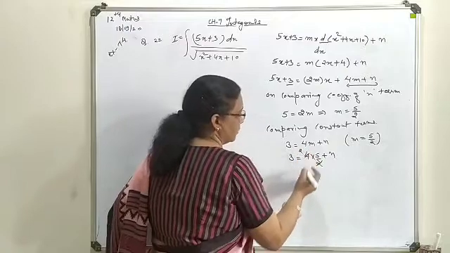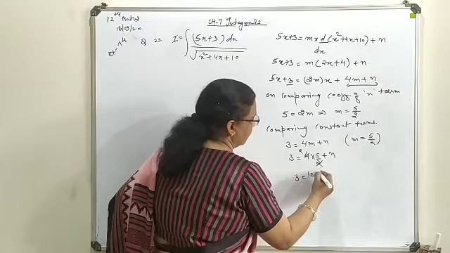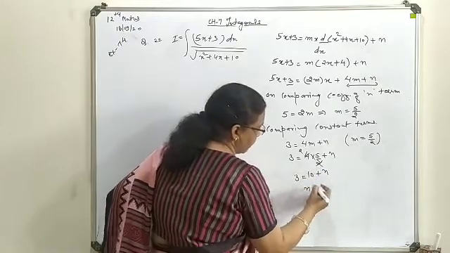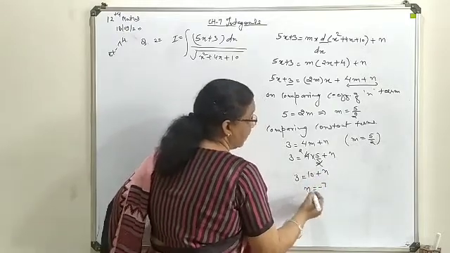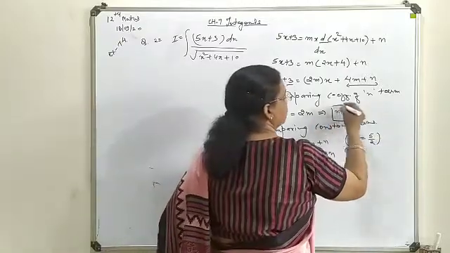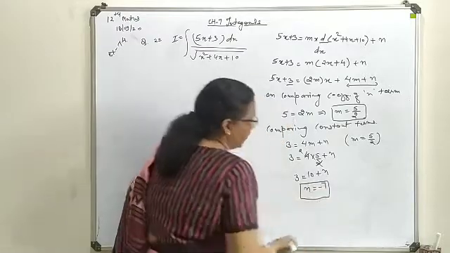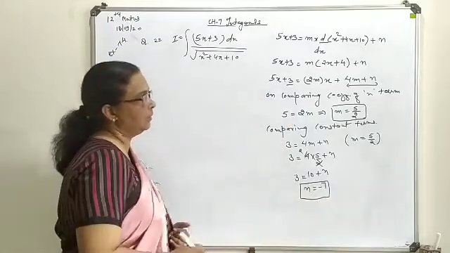These two will cancel, so this gives you 3 equals 10 plus n. From this, n will be minus 7. So first it was m, and the other one we have evaluated is n equal to minus 7.